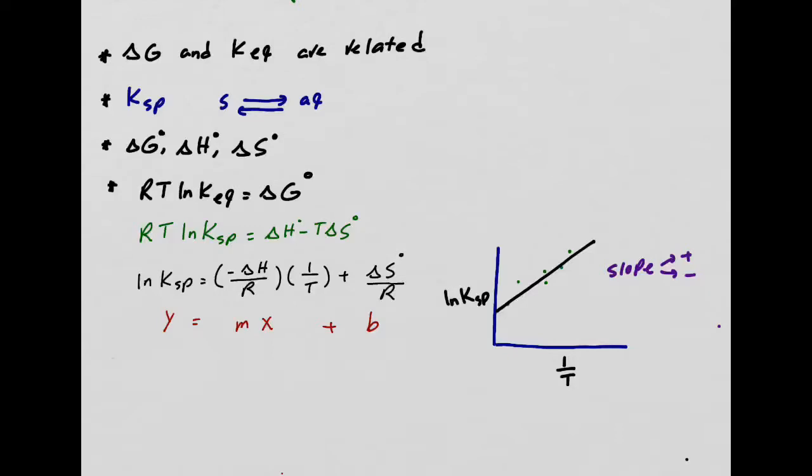What I want you to be thinking about is what you would expect, because the m is delta H and the b is delta S. What do you expect when you have a solution of sodium borate in water? Do you expect the delta H and delta S to be positive, or negative? Think about that. You can kind of predict that before we get the answer.